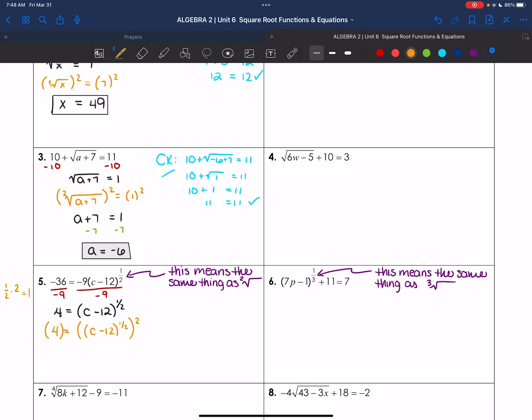It equals 1, so that will cancel my exponents on the right-hand side, and it'll simplify to 16 equals c minus 12.